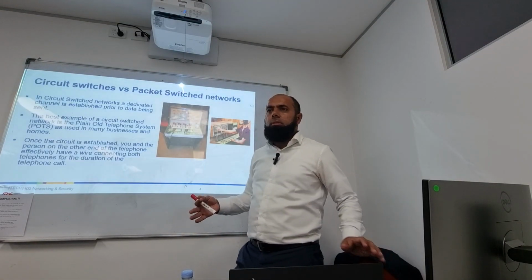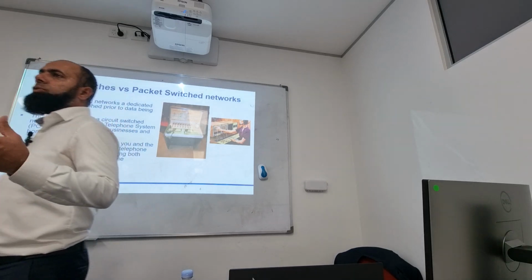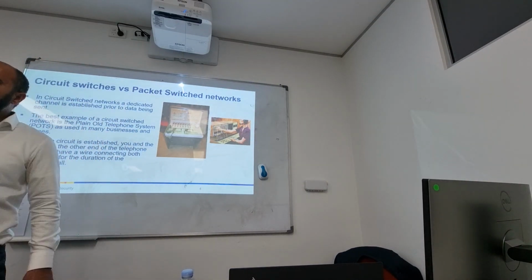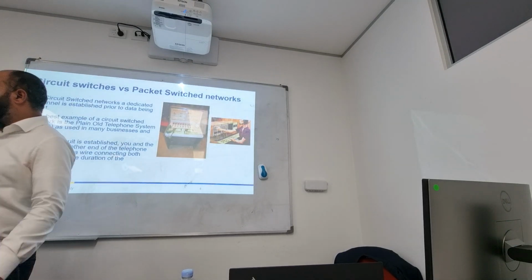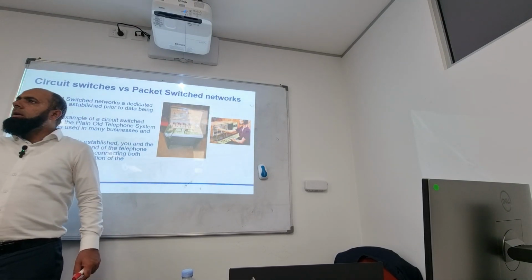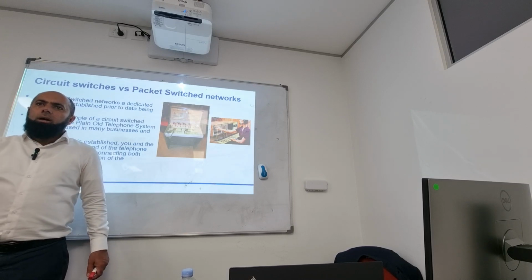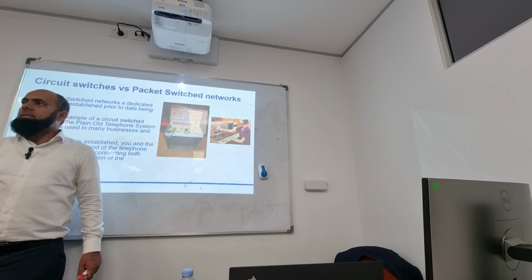In the olden times, circuit switching meant that the circuit always needed to complete its path to do something. For example, when we put the light switch on, the circuit is completed. That's why it is a complete path, and we call that circuit switching.